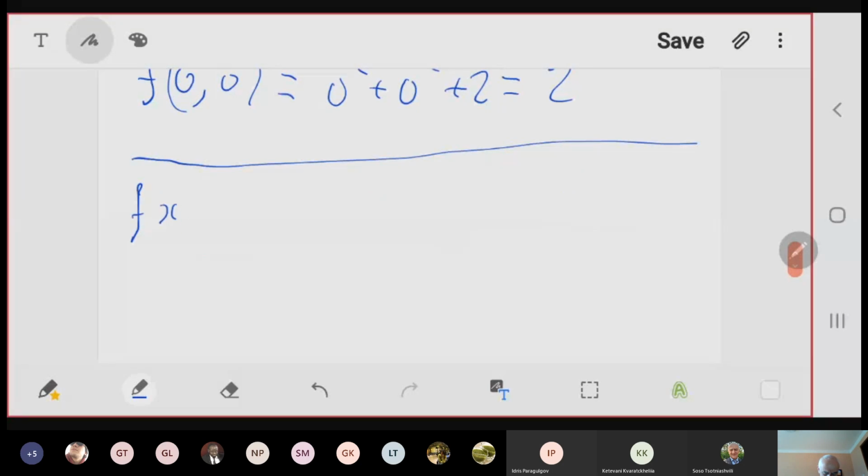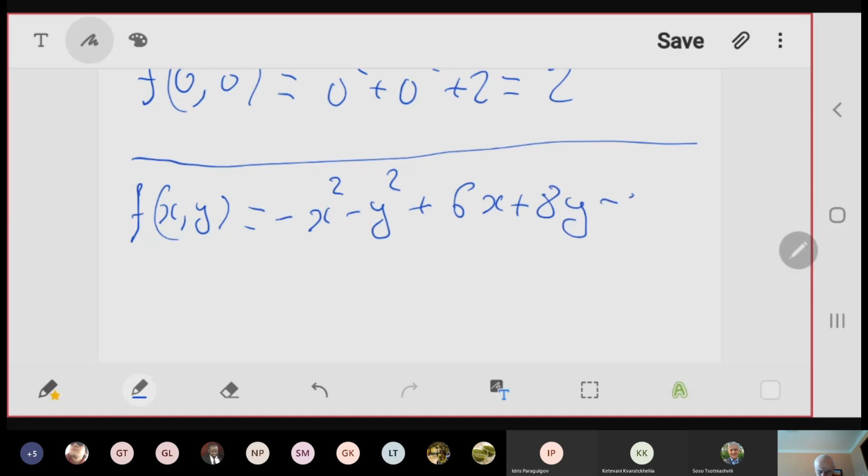The next function is given, and we need to find local extrema.